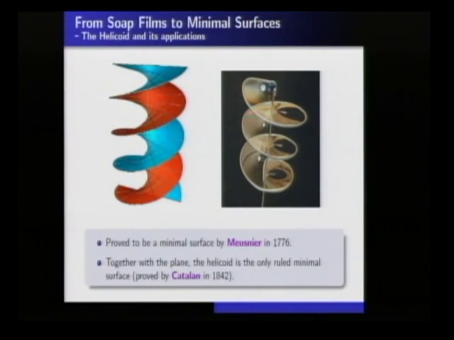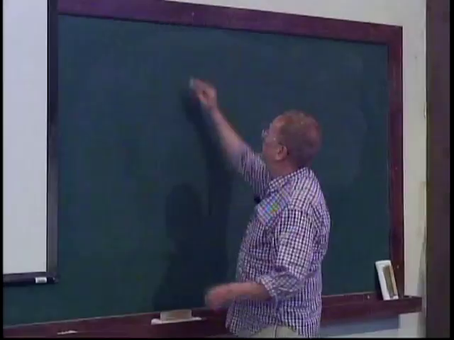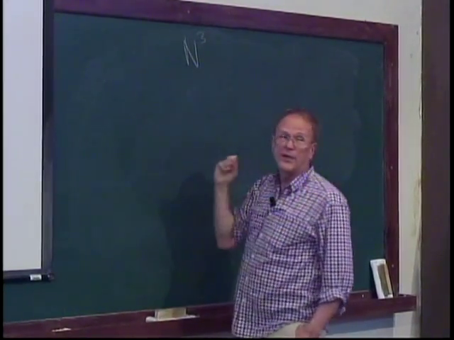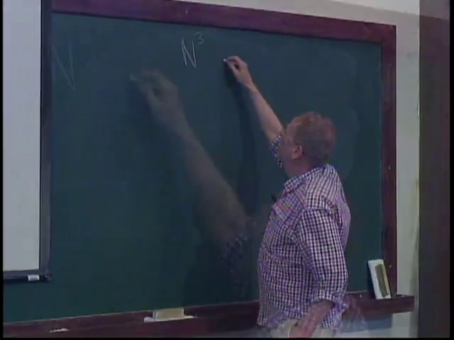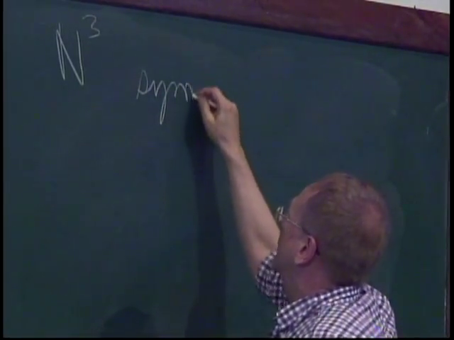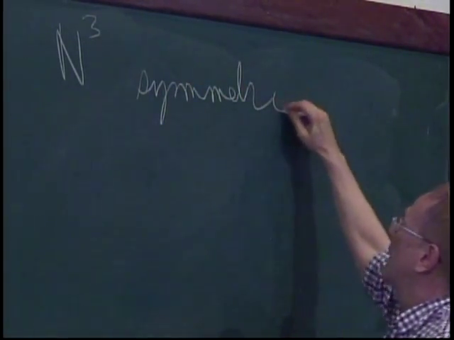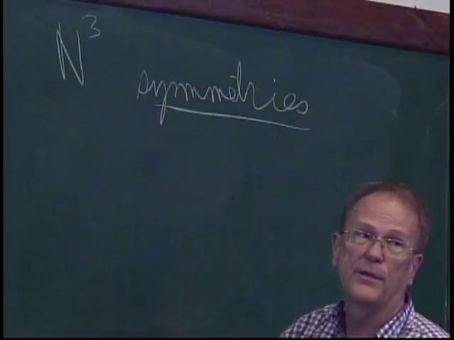I guess I want to go in a slightly different direction. So if you're in an ambient space, think in terms of a three-manifold. If you're in a three-manifold where you have lots of symmetries, so we're going to be looking at mainly homogeneous manifolds.